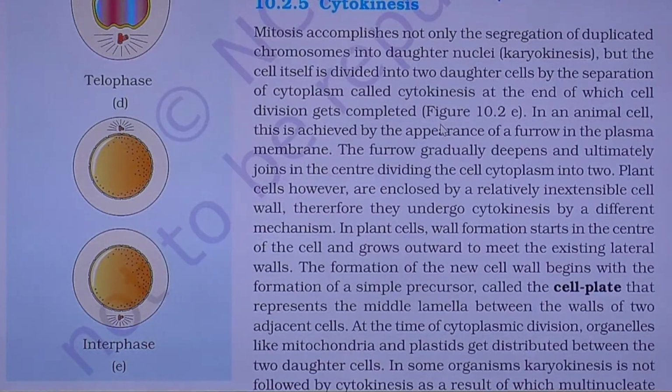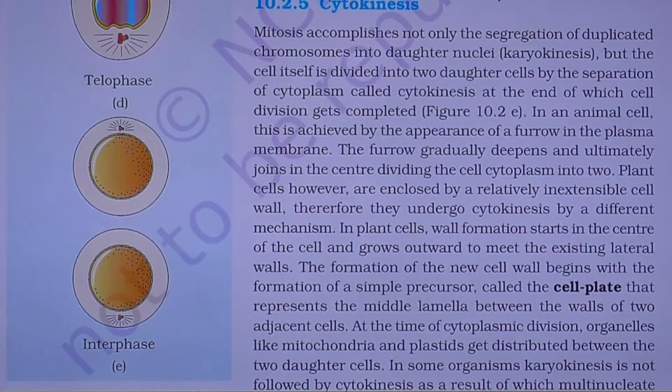Mitosis will be fully completed through this stage, cytokinesis, that is the division of the cell. The chromosomes were duplicated, and we have clustered chromosomes in telophase forming daughter nuclei from karyokinesis. Here the cell divides into two daughter cells. The separation of the cytoplasm will be completed, that is cytokinesis. The end of cytokinesis is the division of the cells.